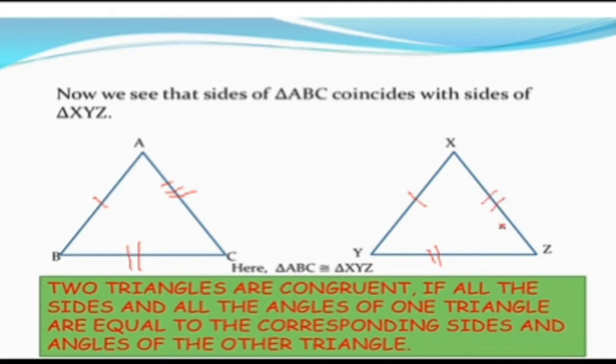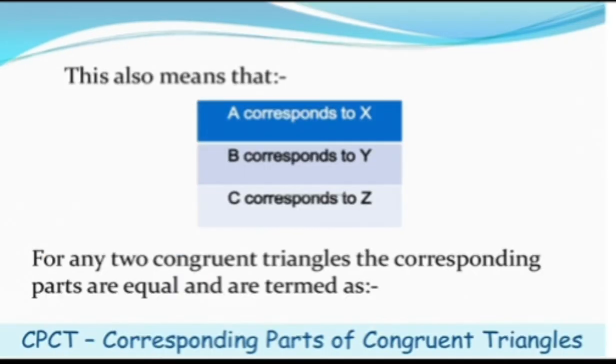If all these conditions are fulfilled, we'll say that triangle ABC is congruent to triangle XYZ. Two triangles are congruent if all the sides and all the angles of one triangle are equal to the corresponding sides and angles of the other triangle. Hopefully it's clear to everyone.